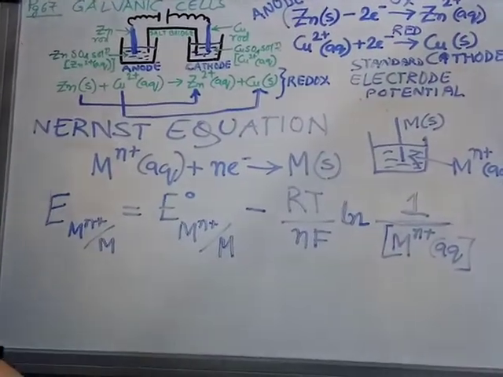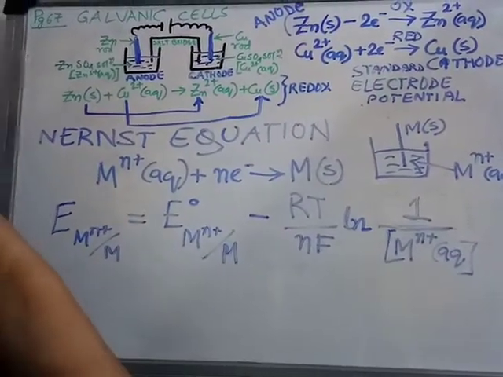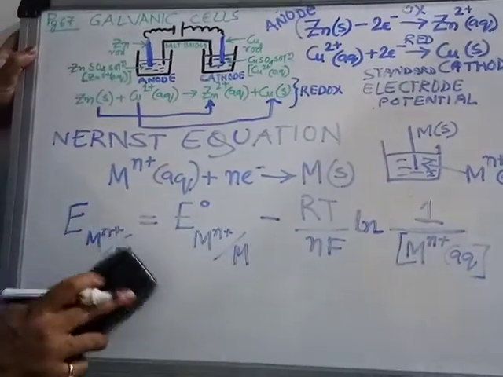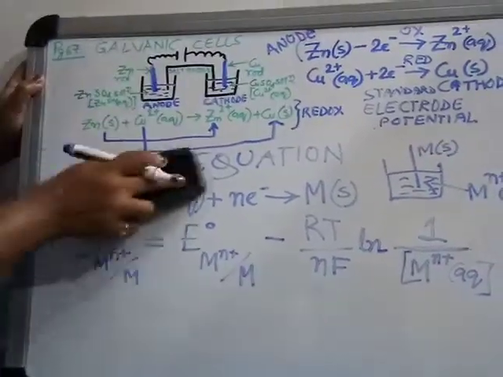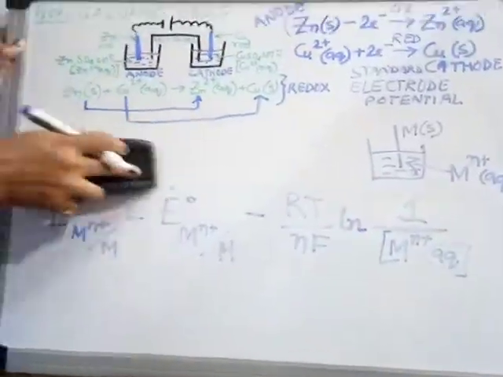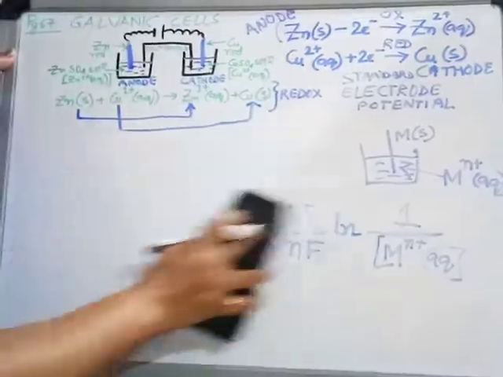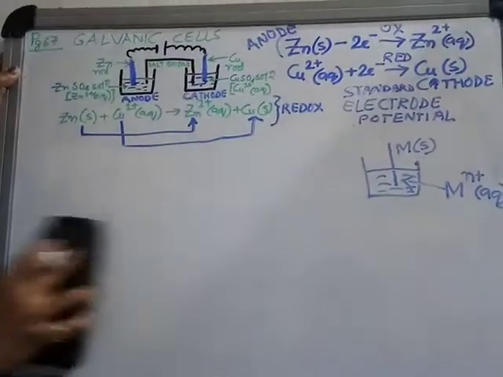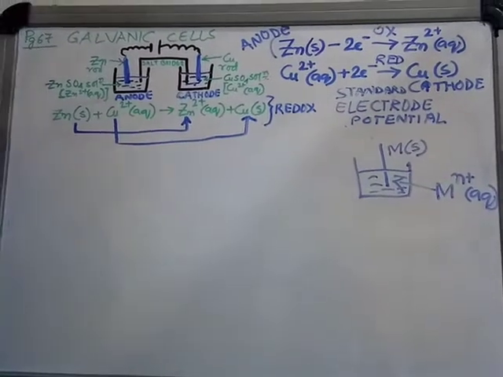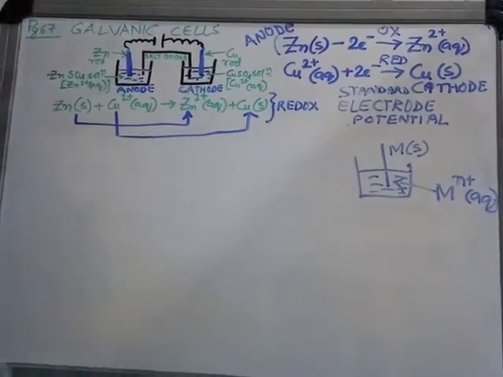So how can we write the Nernst equation for a Daniell cell? You just remember, this is the general Nernst equation. Let me write the general Nernst equation on top so it will be clearer to you.